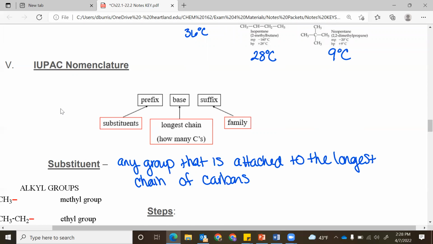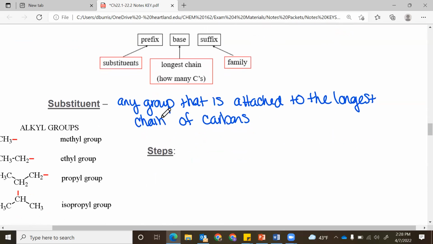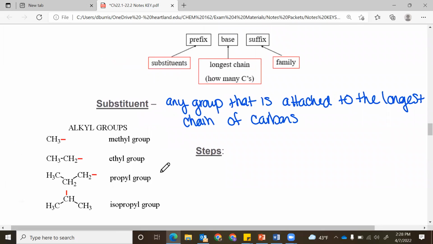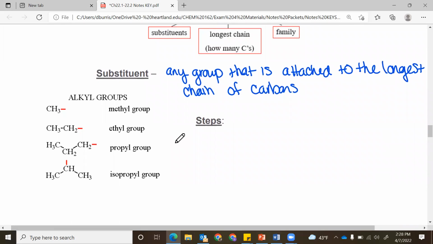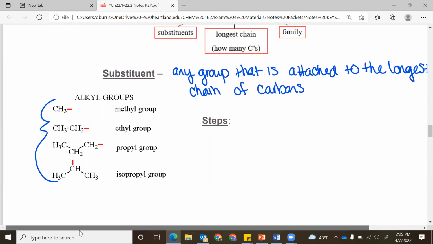Okay, anything that is sticking off the longest chain of carbons. Okay, we're going to start with just carbon and hydrogen substituents. So over here, these are called alkyl groups. These are substituents. Okay, so these are just carbon hydrogen substituents, and they are called, like I said, alkyl.